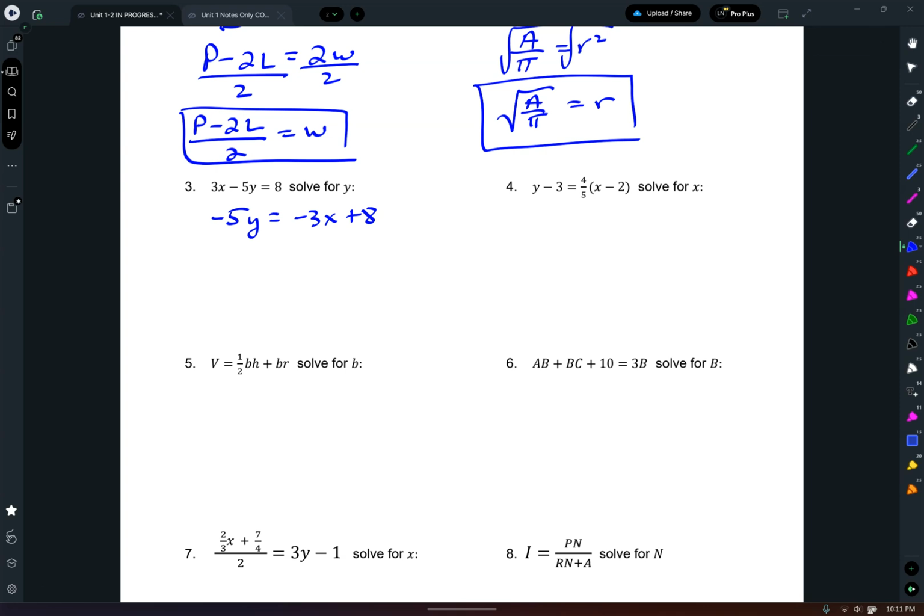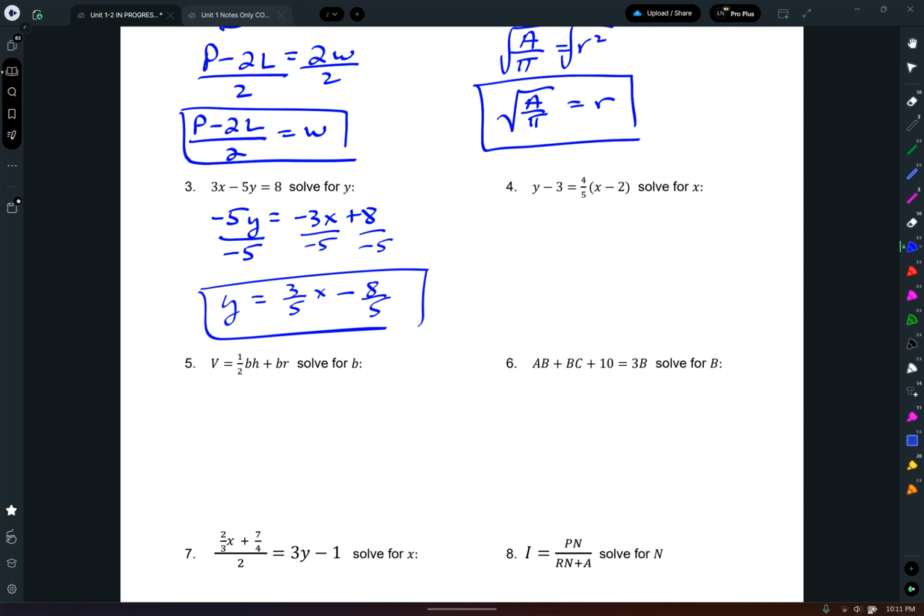So then divide by negative 5. So another thing to point out, when I say I'm dividing by negative 5, you can either think of it as dividing the whole thing, that's fine, or you can think of it as dividing each individual term, whatever makes more sense to you. So y equals positive 3/5 x minus 8/5. So I have solved for y.